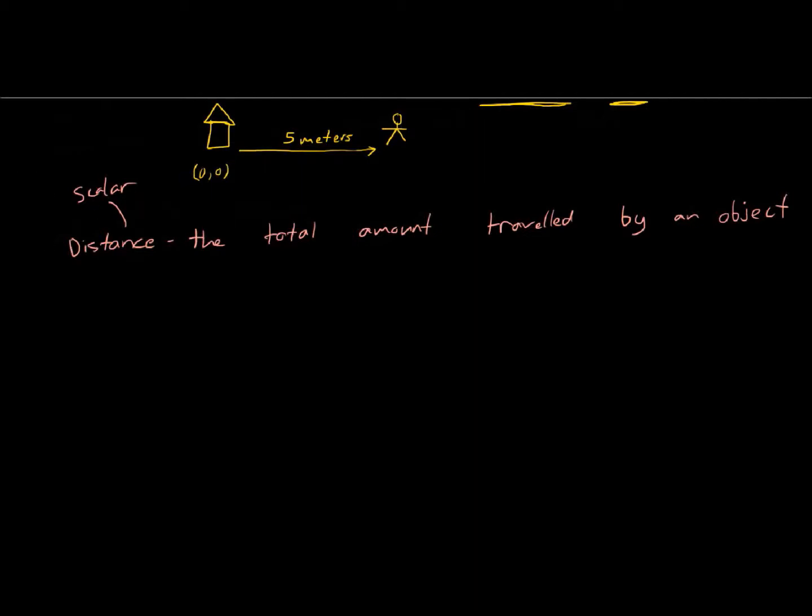Now, on the other hand, we'll go over something called displacement. Displacement is the net change in position. And as you might guess, displacement is a vector.